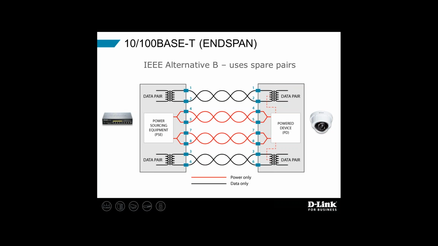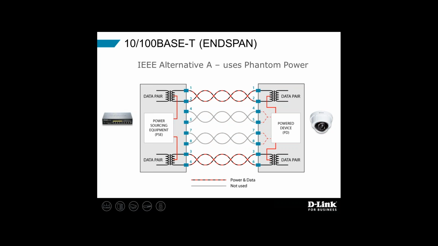Pretty basic. Now we'll take a look at 10/100, but this is alternative A. This is the other way the standard allows power to be applied. In this case, data is still on 1, 2, 3, 6, but we're also putting the PoE power on 1, 2, 3, 6. That's signified by the red and black dashed lines. We've got both Ethernet signaling and the steady 50 volts of DC power on the same conductors at the same time.